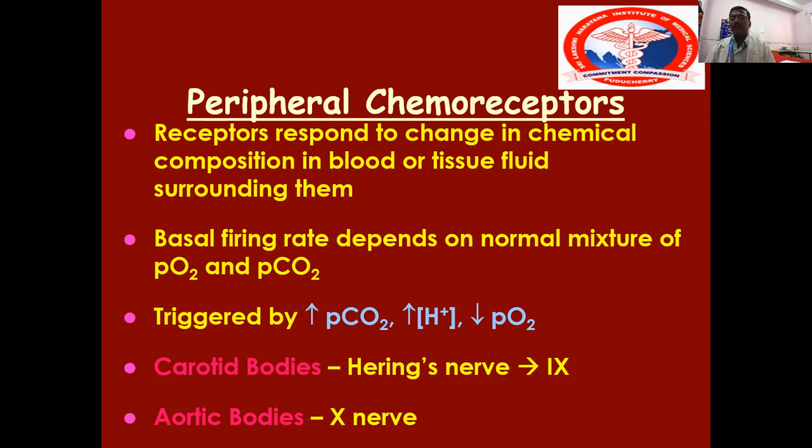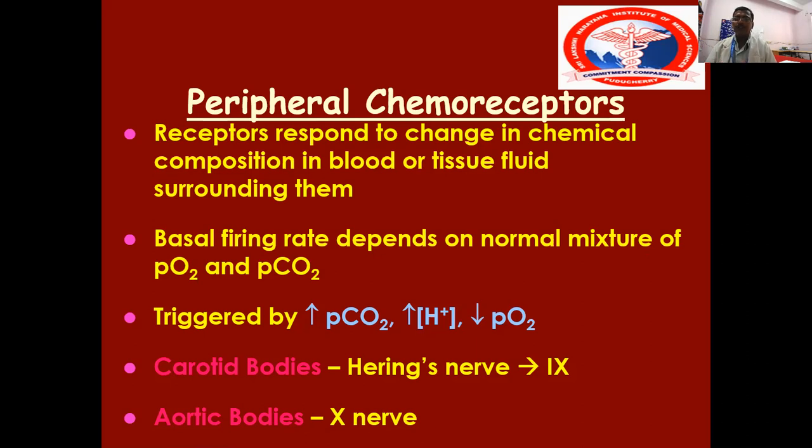The chemoreceptors are the carotid bodies and aortic bodies, which can detect changes in hydrogen ion concentration, oxygen, and carbon dioxide. These receptors get stimulated. They are known as carotid bodies and aortic bodies, located in the arch of the aorta and the carotid bifurcations.